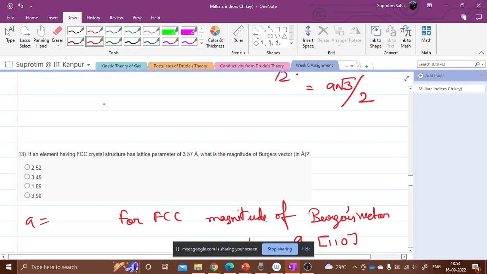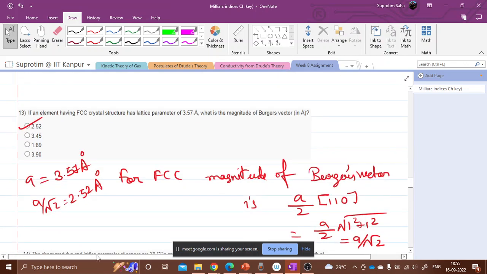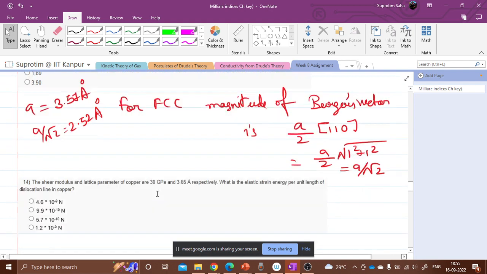So a is 3.57 angstrom. This is very simple. So this is 2.52 angstrom.